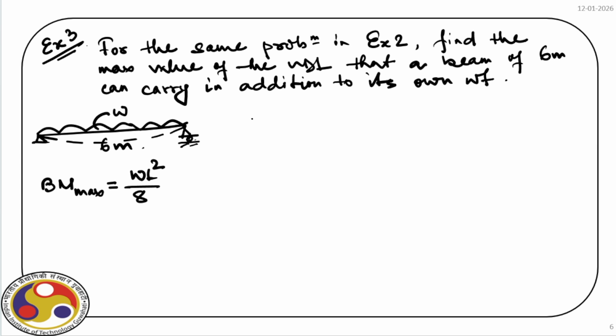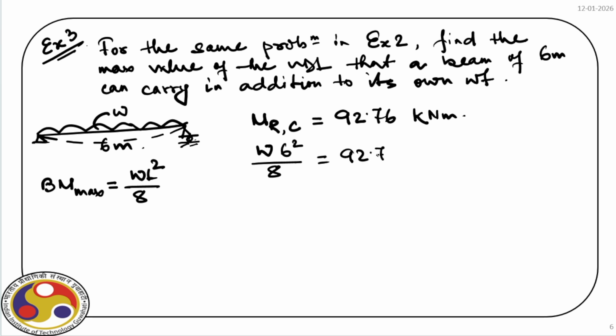So MRC is equal to 92.76 kilonewton meter. Then if we equate omega L is 6, omega 6 square by 8 is equal to 92.76. We get omega from this expression, and this is nothing but 20.61 kilonewton per meter.